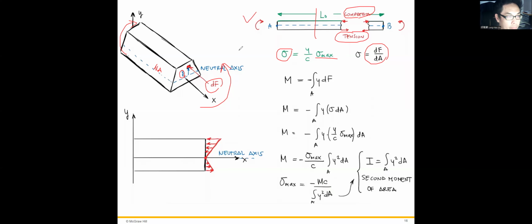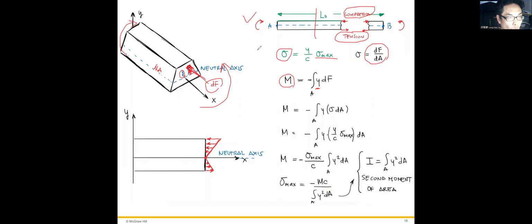You get it? So if we just look at this small element dA, the moment applied equals Y, the distance from the neutral axis, times F, since the force is perpendicular to the distance.